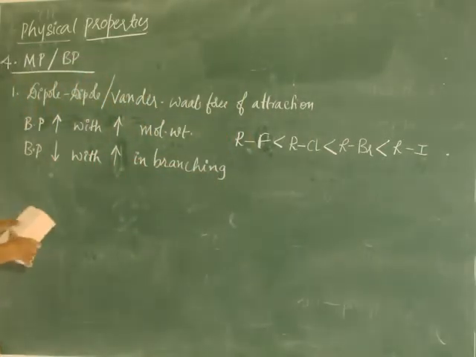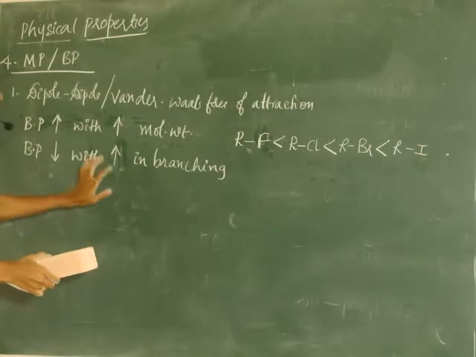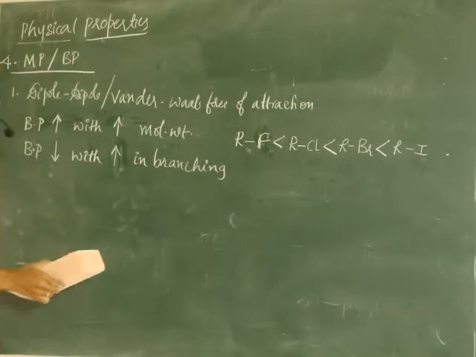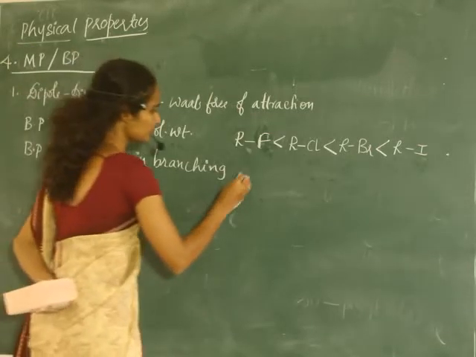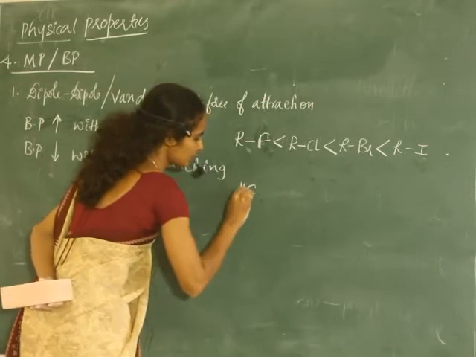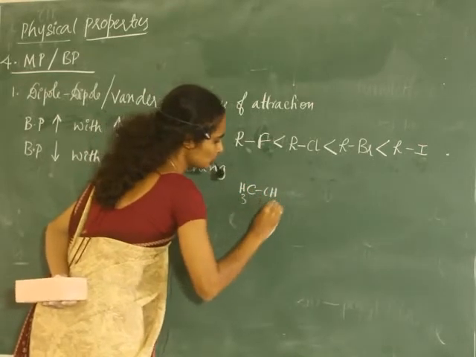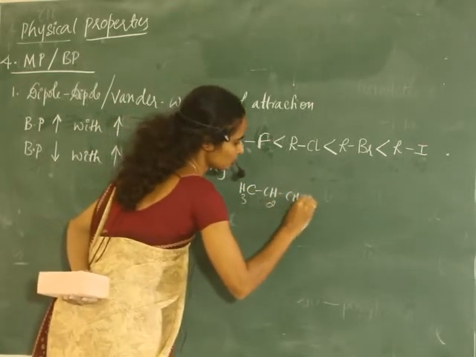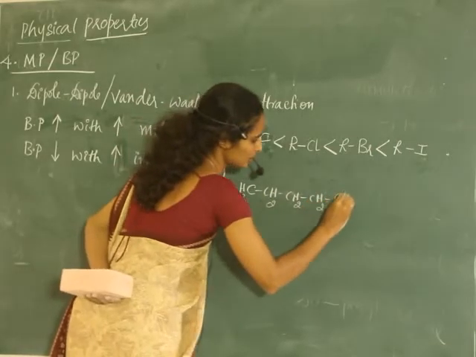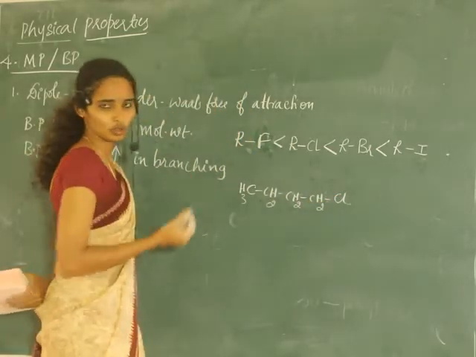And one more thing is that boiling point decreases with increasing branching. I'll take one example: CH3, CH2, CH2, CH2, Cl, butyl chloride.